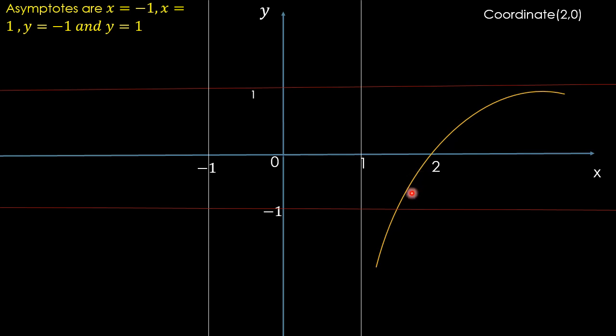But while it is crossing this horizontal asymptote, it is respecting the vertical asymptote this way, and it is also respecting the horizontal asymptote up here. Okay, so it is respecting it, but in this case it had no choice but to cross this guy, because the graph cannot be hanging somewhere. But it is going to come closer to this vertical asymptote, but it will never touch it. Good.